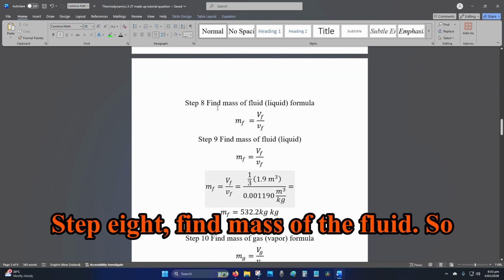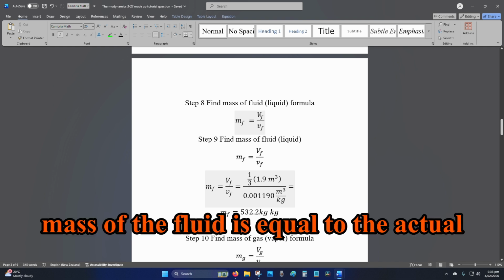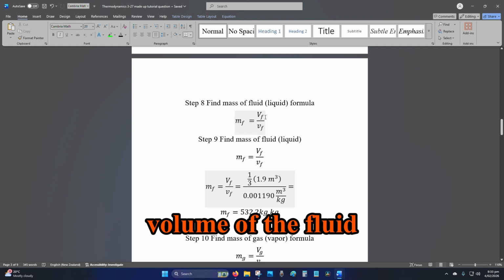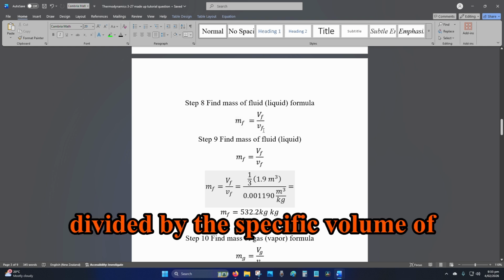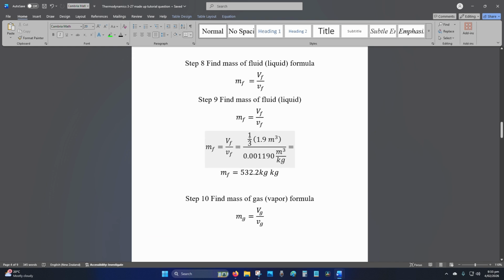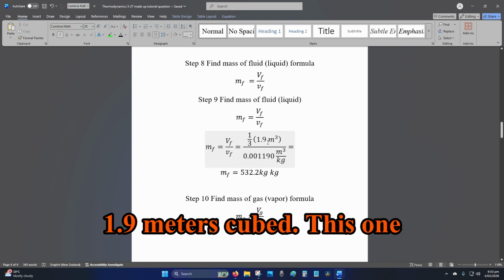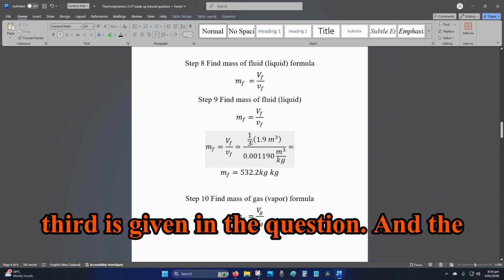Step 8, find mass of the fluid. So mass of the fluid is equal to the actual volume of the fluid divided by the specific volume of fluid. Step 9, find mass of the fluid. So 1/3 multiplied by 1.9 meters cubed. This 1/3 is given in the question.